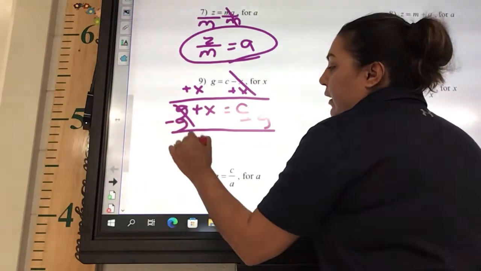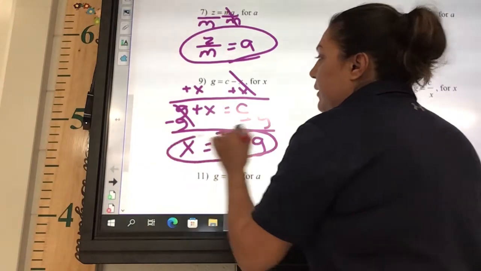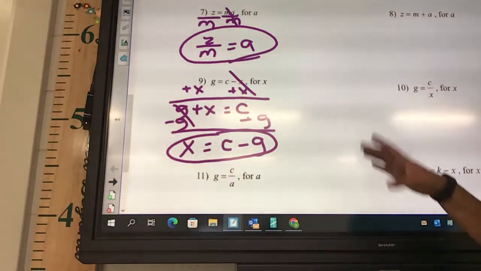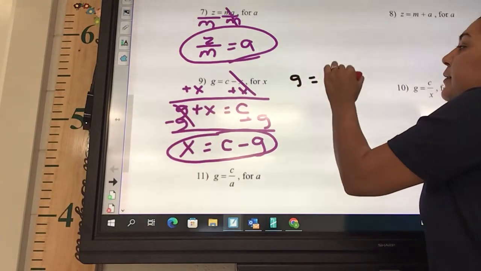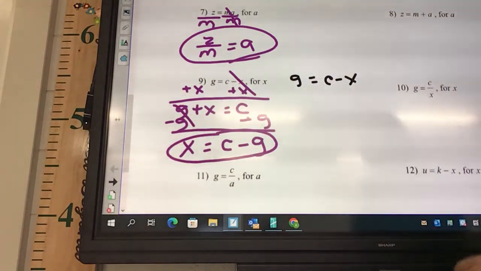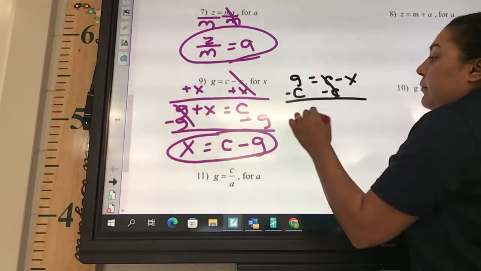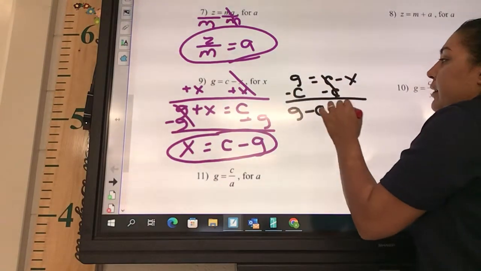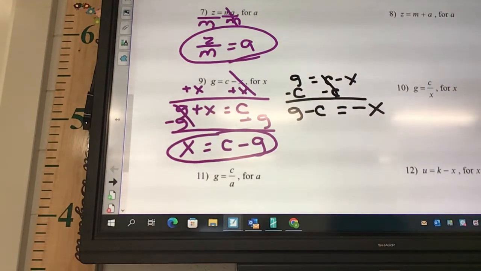If you're not really understanding this one, that's okay. If there are any other ones like this, I would cross them off. The reason I did not move the X is because if I move the C, I'm going to say minus C, minus C, so I get G minus C equals negative X. Then you're stuck dividing by a -1.